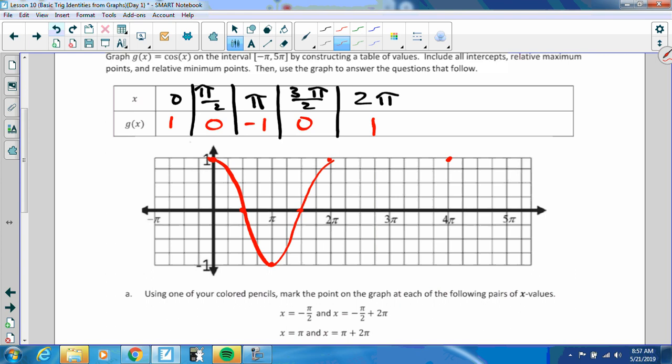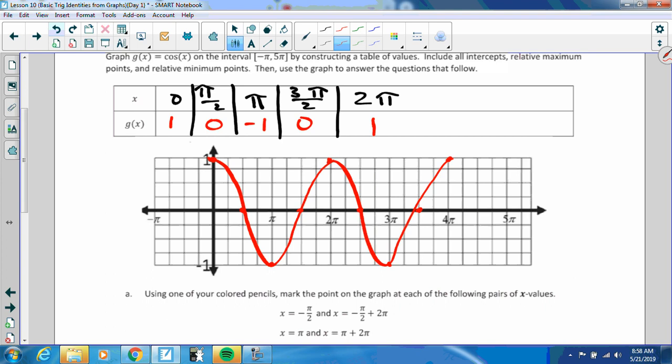And if I go 2 pi from this point, where's my cosine going to be at? 0, right? 2 pi from that is right here. And 2 pi from this point, and 2 pi from this point. See how I did that? And so, I got another gentle curve.